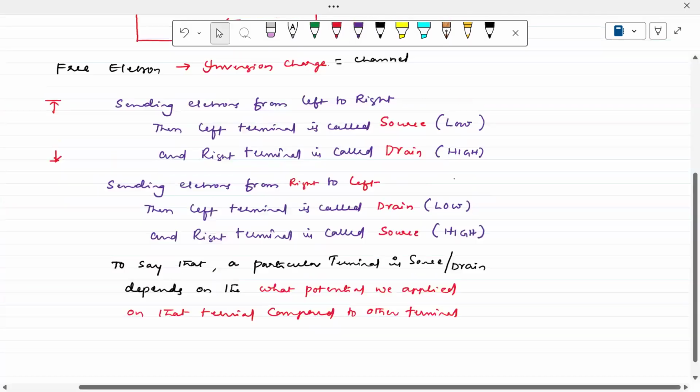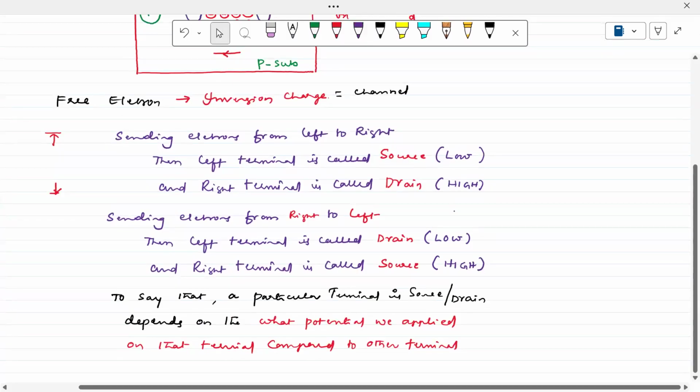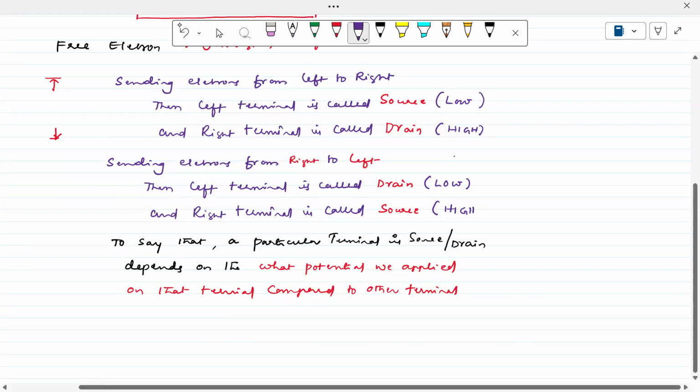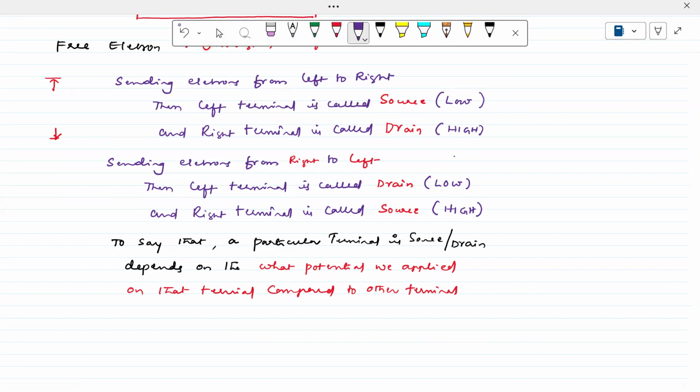We take the first case, right? The electron is moving from the left side to the right side. Let me take this. Assume that this is one point, this is another point, this is the left, this is the right. The electrons are moving in this direction. This is called E.